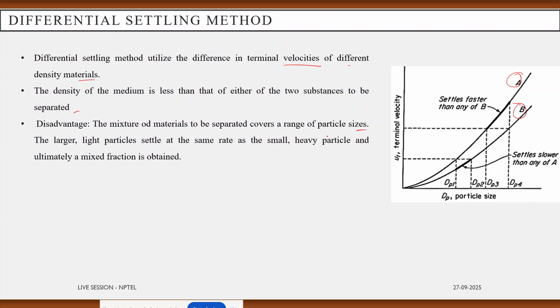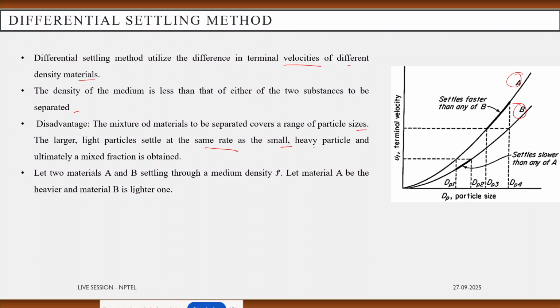If the larger and lighter density particles settle down at the same settling rate as the smaller but heavier particles, the settling velocity becomes equal, and the ultimate fractions are not clearly sorted out. So there also we will get a mixed fraction.